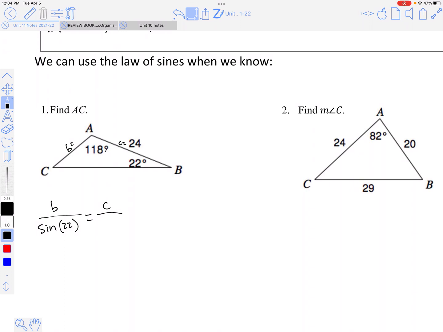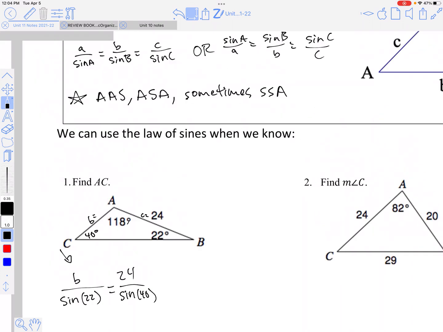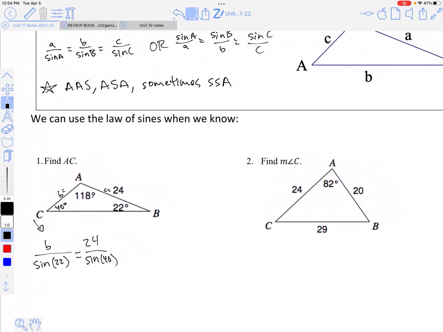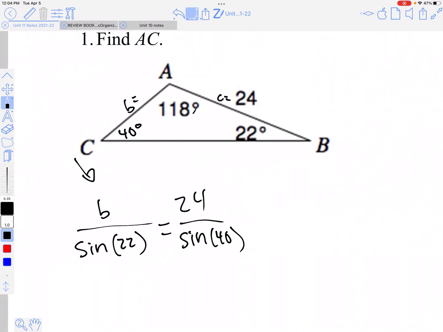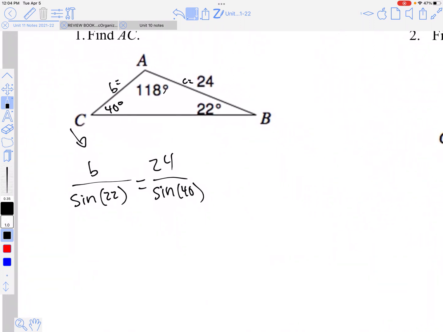So what I can do is 180 minus 18 minus 22 degrees, and I can get angle C, not side C. I already have side C. So side C is 24, and then I have sine of 40 degrees. Now I have one unknown, and I can use the law of sines. You just have to be smart about it and pick and choose what you have so you only have one variable. So think about that and what I did.